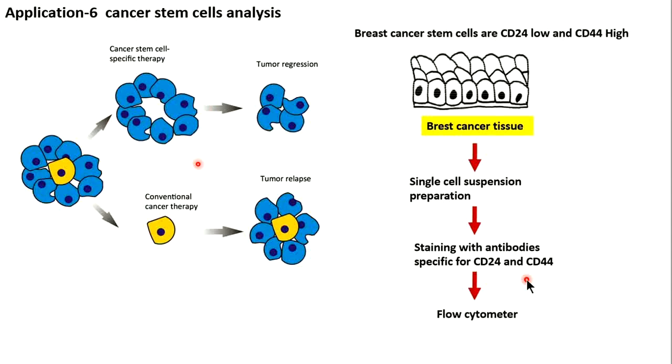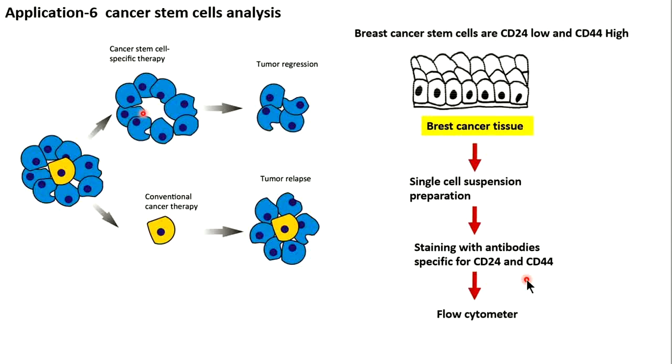And then what happens? Even if you kill only the cancer stem cells and the remaining tumor is there, it will regress very fast because there will be no cells left for the generation of new tumors or a new mass of the cancer. Right? So it was very important to analyze the cancer stem cells.